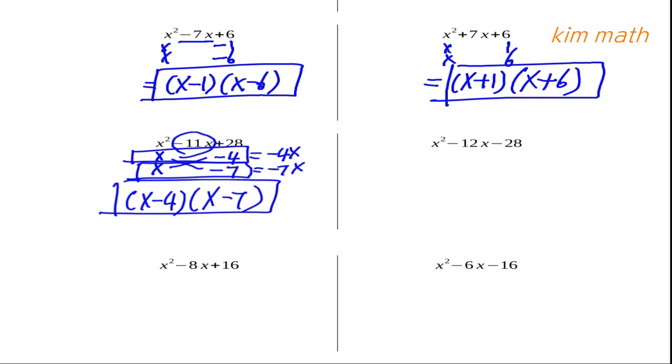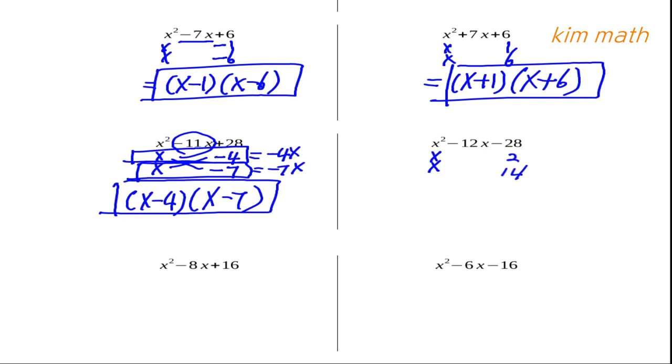Wow, in the case you have x and x, same 28, but I will start with 4 and 7 and ask yourself, with the 4 and 7, it is not possible, please understand, it is not possible to make a -12. Good. With the 4 and 7, you can make a 3, you can make an 11 by adding or subtracting, right? Not -12, which means 4 and 7 is not a good choice. How about 2 and 14?